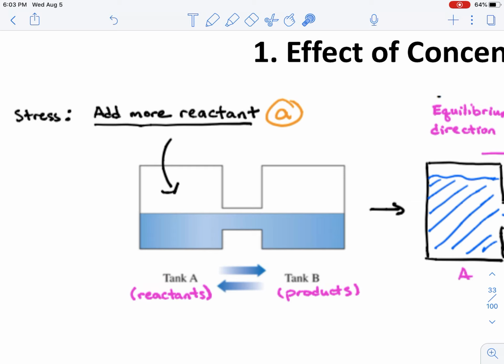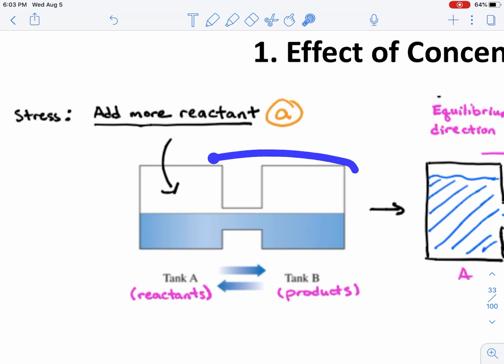So what would happen if we were to disrupt this equilibrium by increasing the level of the liquid for tank A? In other words, what if the stress that we are applying is to increase the concentration of the reactant?